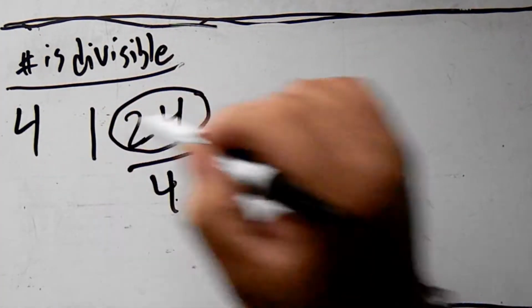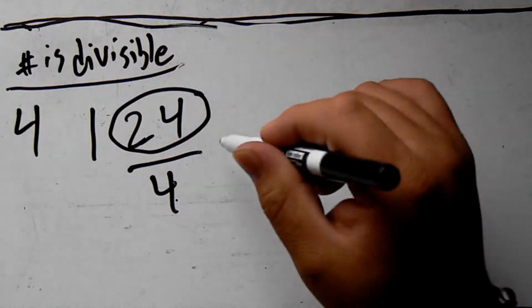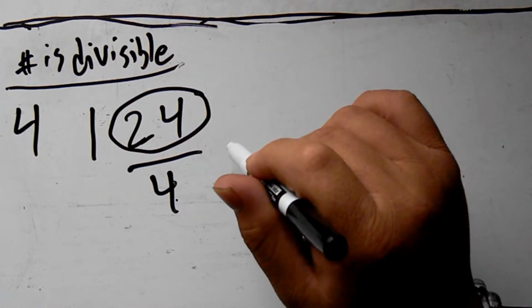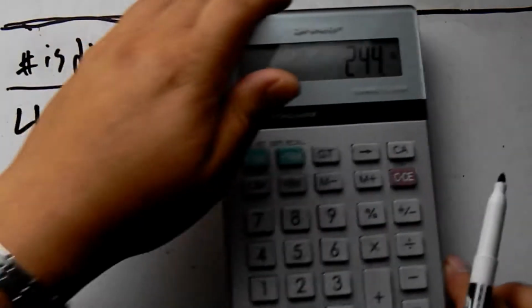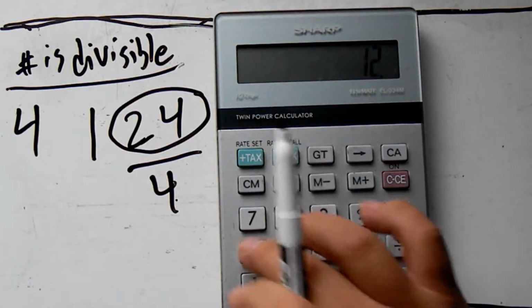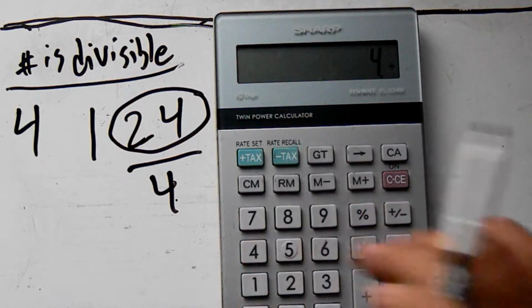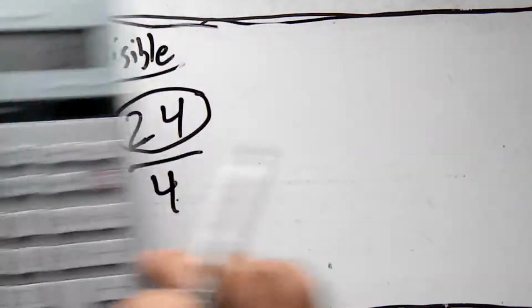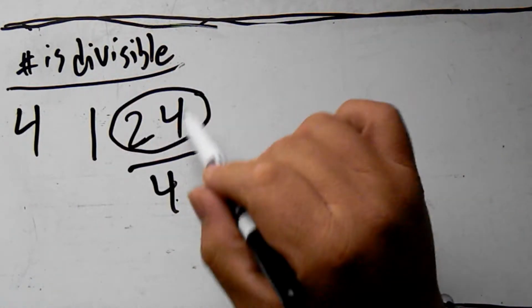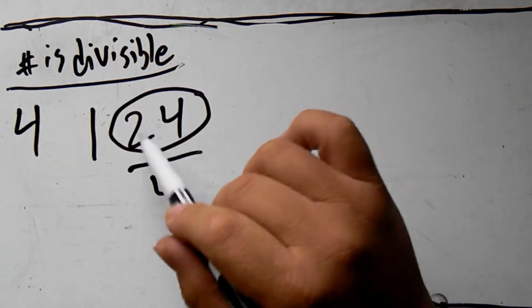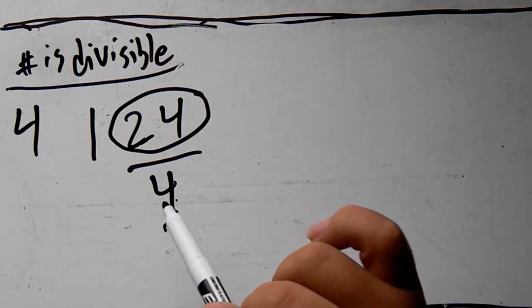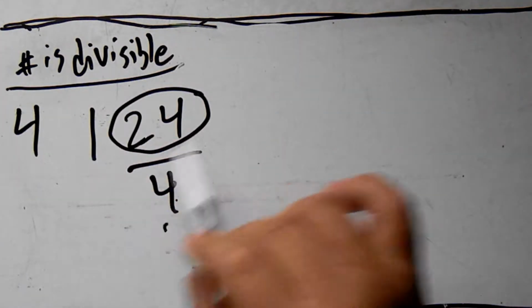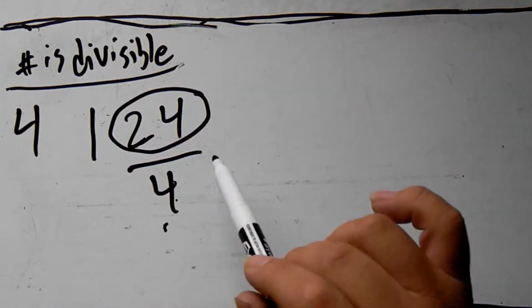So let's say we have 124. 124 should be divisible by 4. 124 divided by 4 equals 31. So when the last 2 digits form a number that is divisible by 4, then we know that the whole number is divisible by 4.